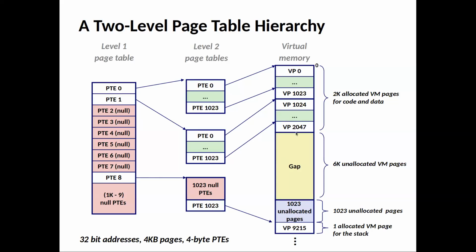Now, after this, we have a gap. We don't even need to allocate anything for this in level 2. So in level 1, PDE 1 is going to point to the second page. Then we have a big gap. We just skip it. We don't allocate any level 2 pages, and we're going to put null here.